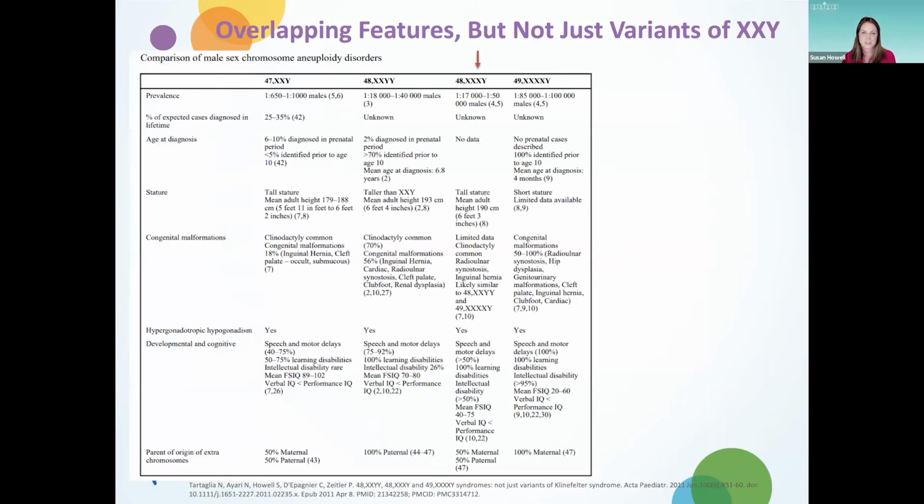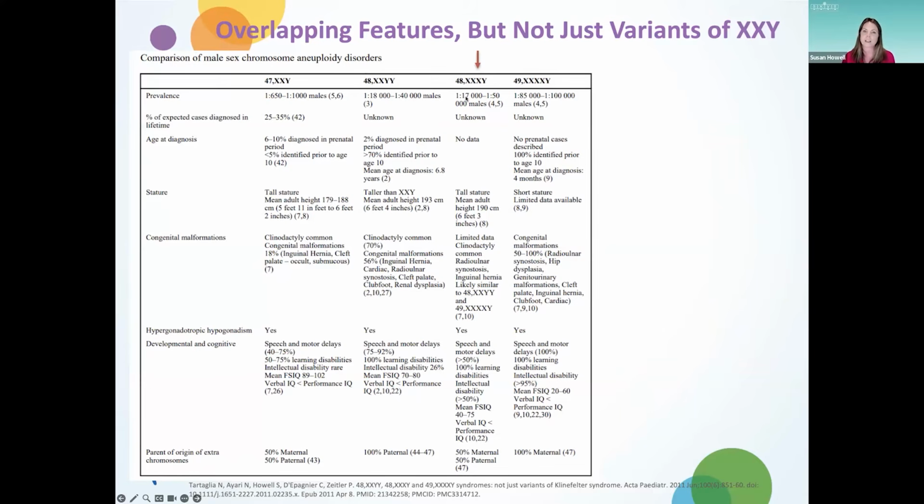So this is a relatively busy slide, and I could make a talk just on this topic alone. But I did want to take a table from one of our publications on 48-3XY to explain how it is similar, with overlapping features of XXY, but it really is not a variation of XXY. A lot of that has to do with the fact that it's much more rare than XXY.